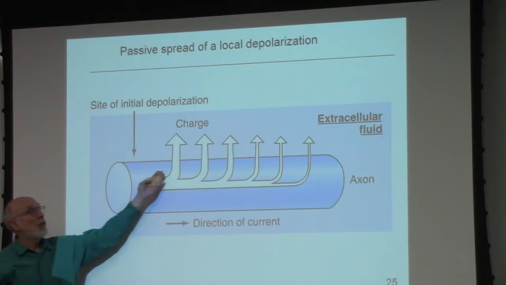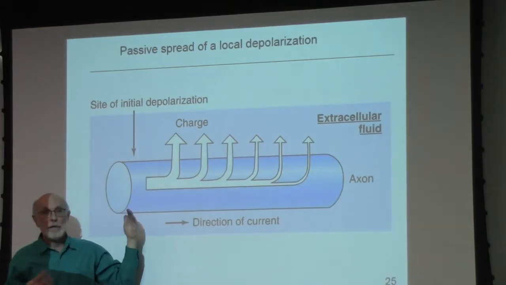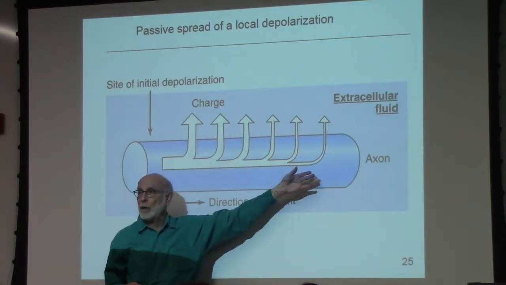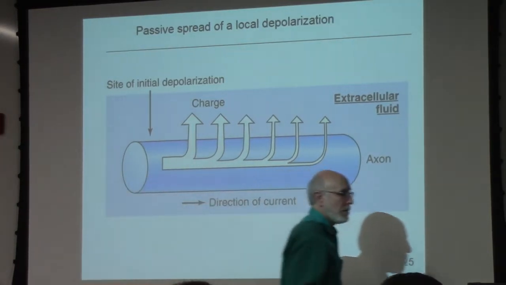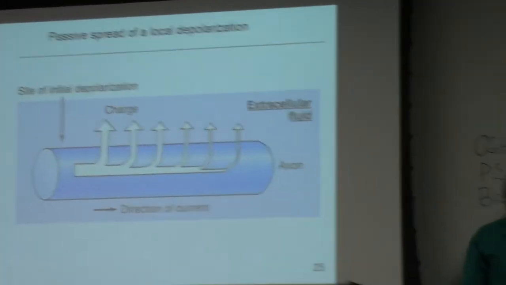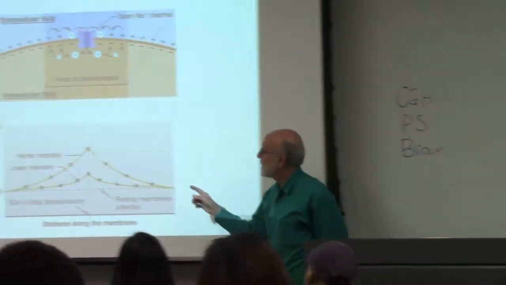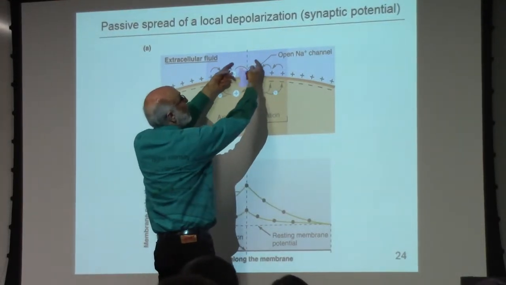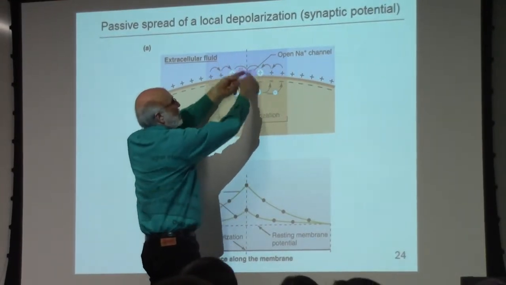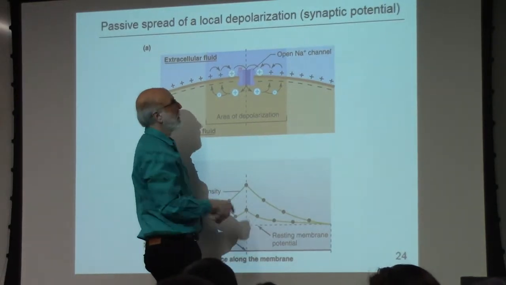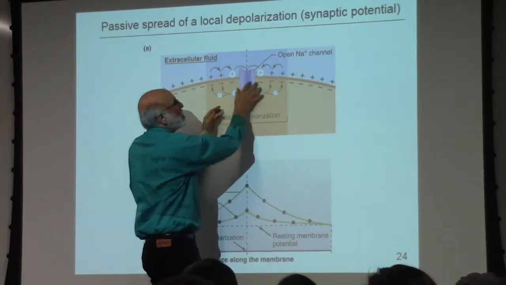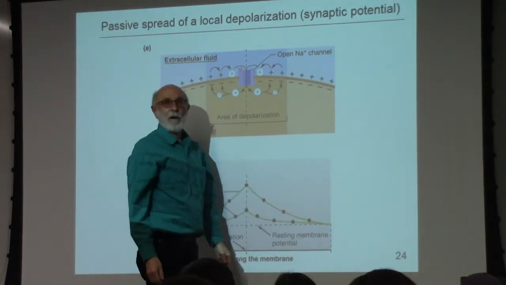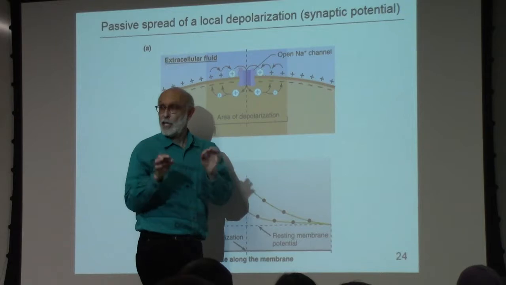The effect of the diffusion is greater closer to the site, and it dissipates as we move along. So at the site of a sodium channel, sodium moving in makes a large depolarization here that gets less and less as we move further and further away from the channel.